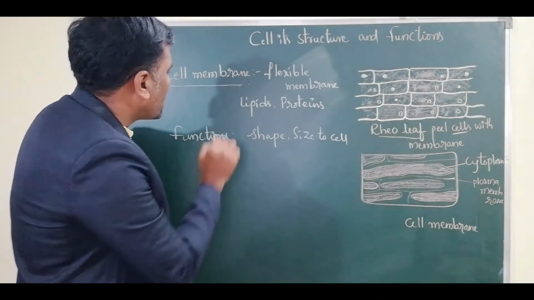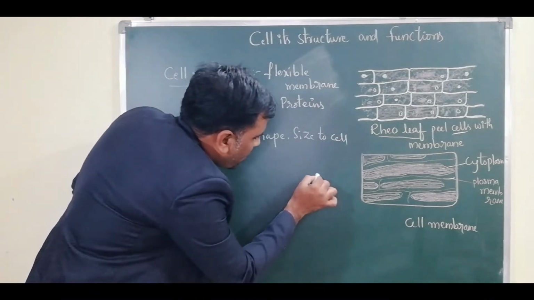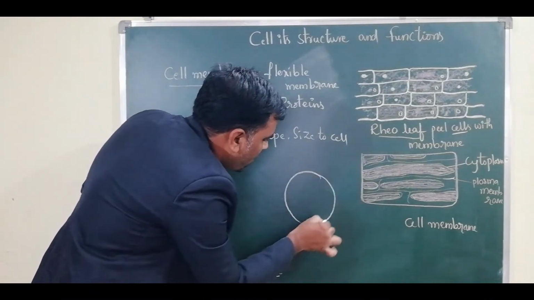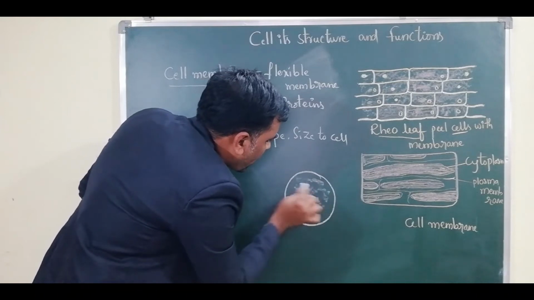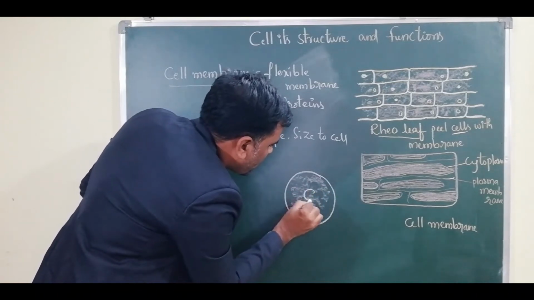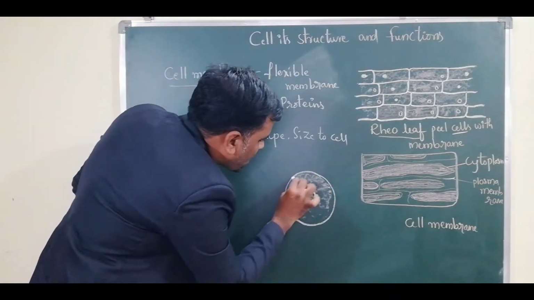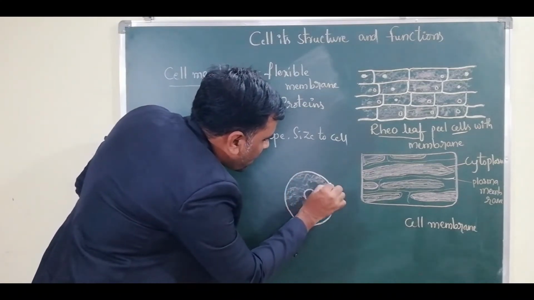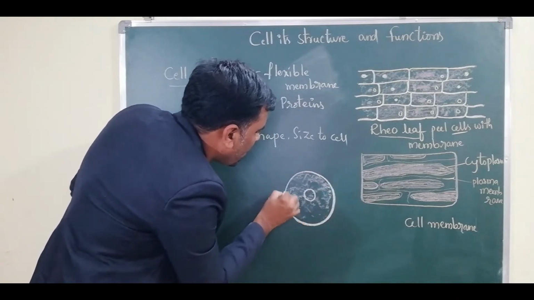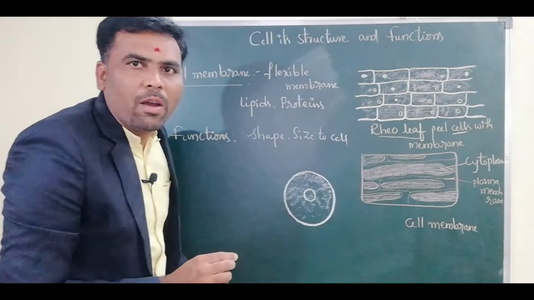Next, if you observe the cell, say for example this is the cell, this is the cytoplasm, and next to this is the nucleus. Here the cytoplasm of the cell is separated by the cell membrane from the external environment.